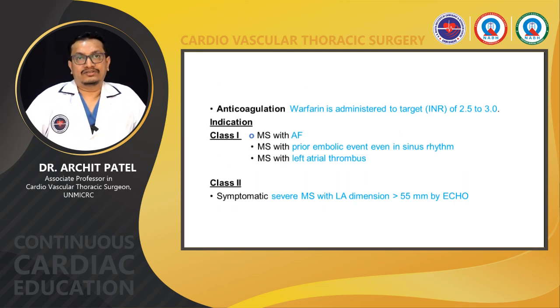Anticoagulation treatment in the form of warfarin is administered with a target INR of 2 to 3, the indications of which are class 1: MS with AF, MS with prior embolic event, and even in sinus rhythm, MS with left atrial thrombus; class 2 indication: symptomatic severe MS with LA dimensions more than 55 mm by echo.